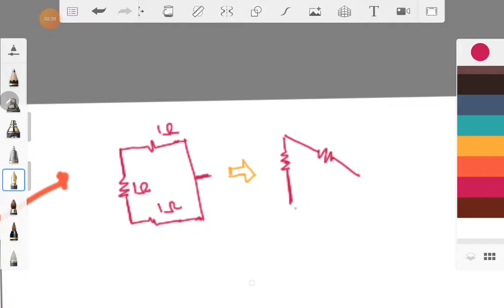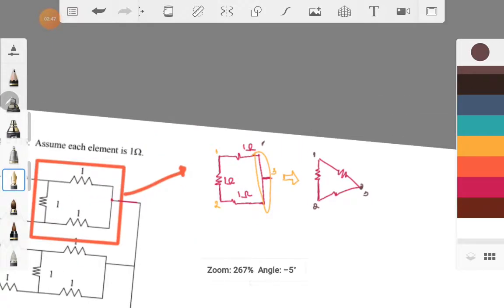Then select that this is your terminal 1, terminal 2, and this whole node is your terminal 3. Just like this first figure, I may say that this is my terminal 1, terminal 2, and my terminal 3.